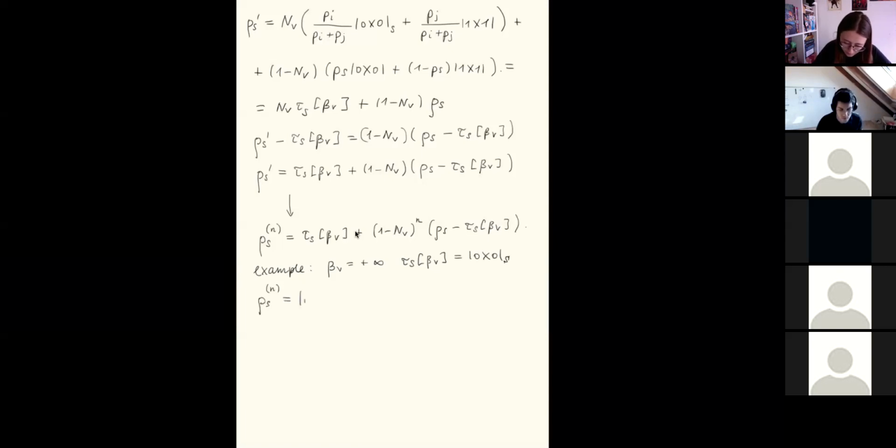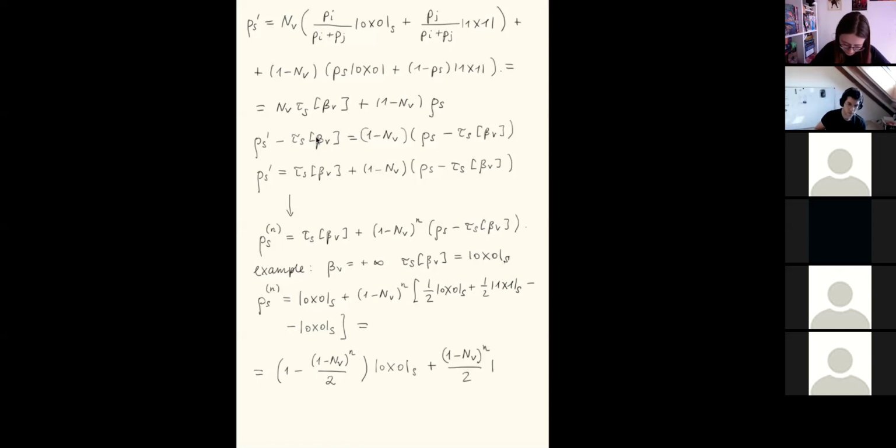So maybe write it out. |0><0|_S plus 1 minus NV to the power n. We start with the real qubit in a maximally mixed state, so 1/2 |0><0| plus 1/2 |1><1|, minus |0><0|. And this is the state.